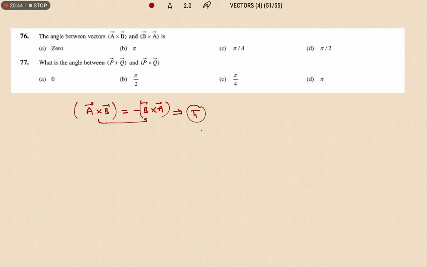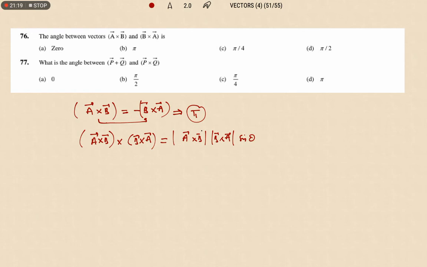Otherwise, if you want to find it, A bar cross B bar dot B bar cross A bar, we can write as the magnitude of A bar cross B bar times the magnitude of B bar cross A bar times cos theta.